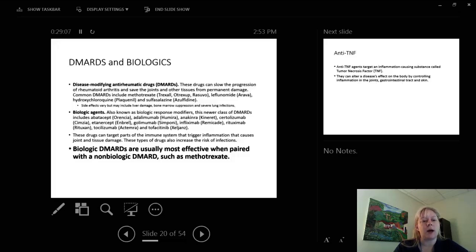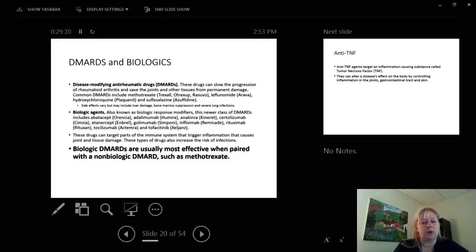There's also biologic agents, and these are the newer class of DMARDs. So these also slow the progression. And that is your Orencia, Humira, and your first ones out were Humira. Remicade has been out, but Enbrel's been out for a long time. Xeljanz.